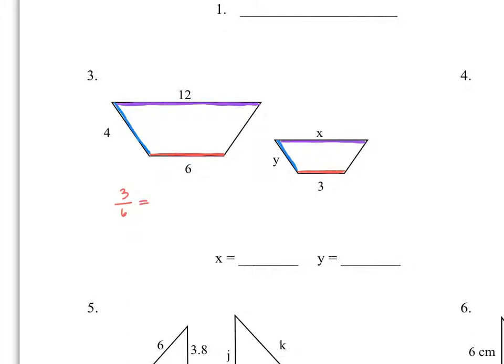In fact, I'll write the first one for you. 3/6, because 3 is from the small shape and 6 is from the big shape, is going to equal y from the small shape over 4 from the big shape. And then you can cross multiply and solve for y.